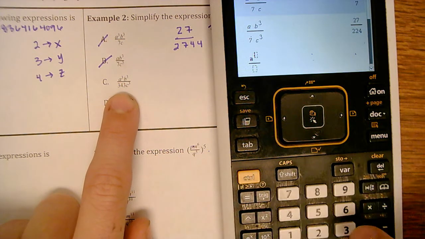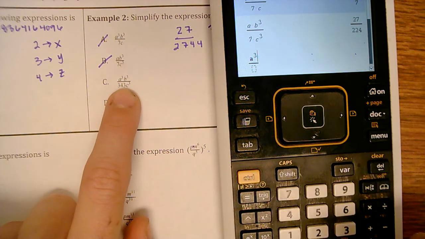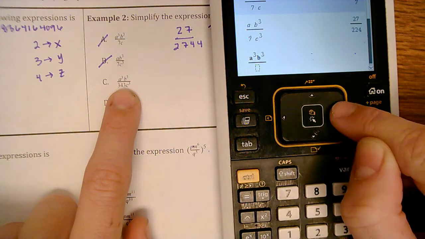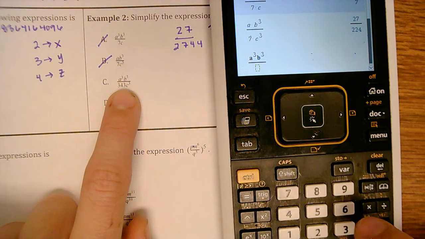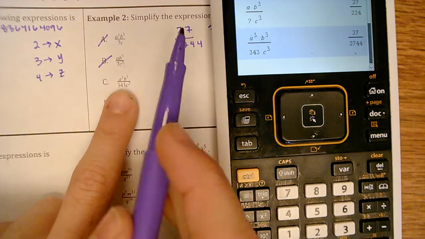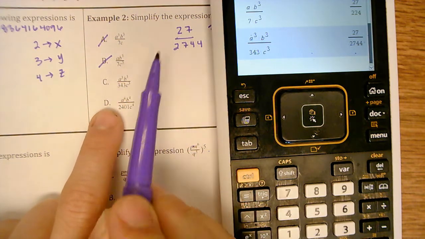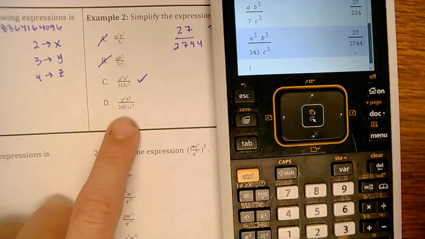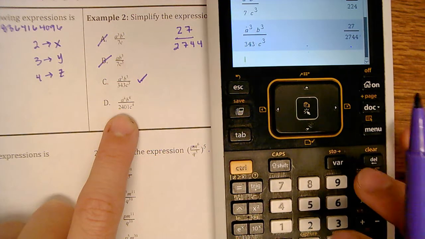Answer choice C is A to the power of 3, B to the power of 3. On the bottom, we have 343, C to the power of 3. Notice it gives me what I got before. I'll put a check mark next to it, but I am going to check answer choice D just in case.